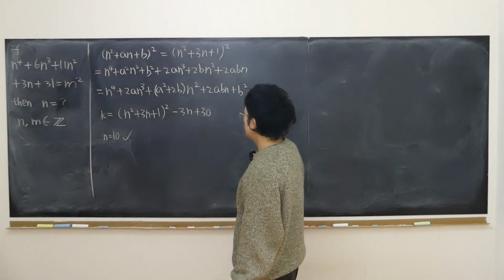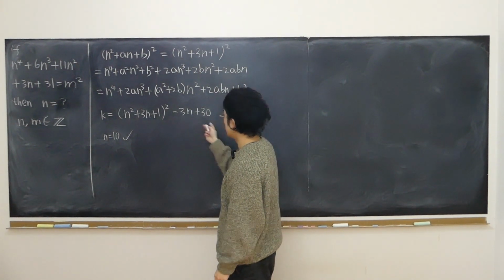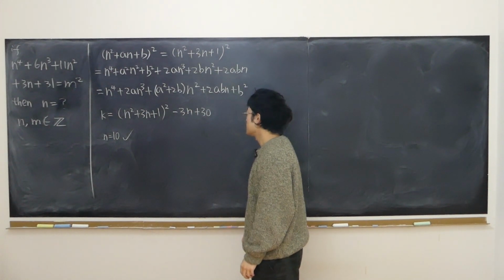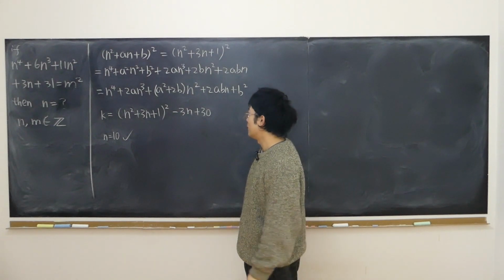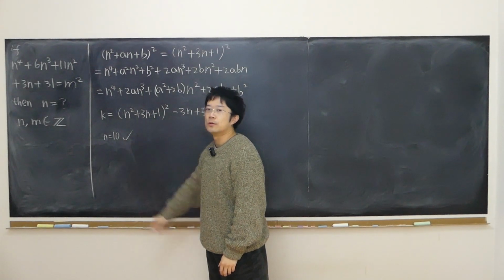So how about when this term is positive or this term is negative? What will happen? My intuition is that this term is only a polynomial of degree 1. But inside here, we have a polynomial of degree 2.